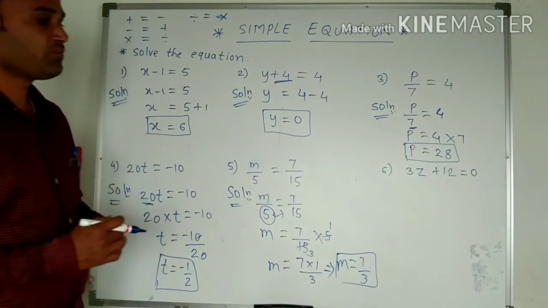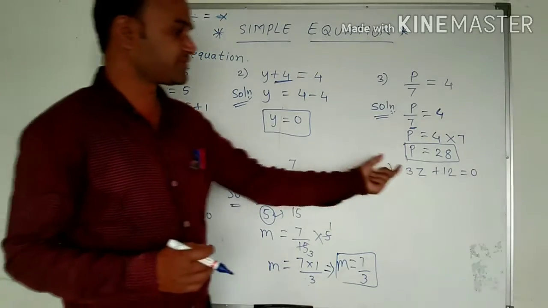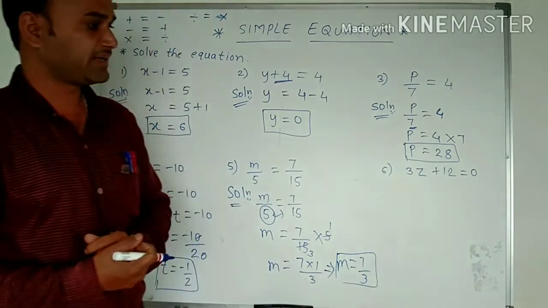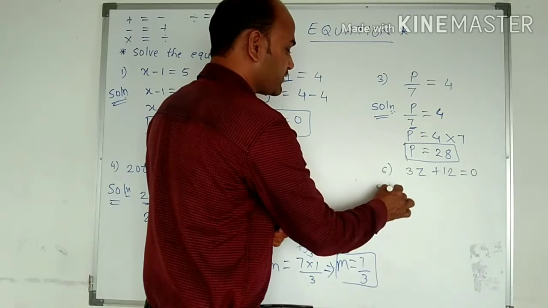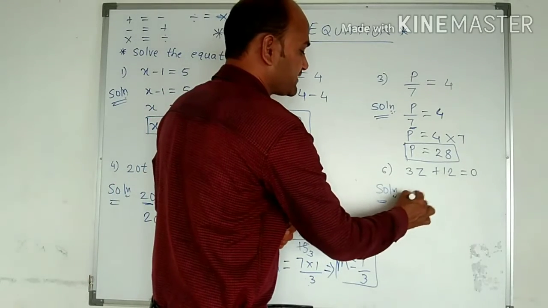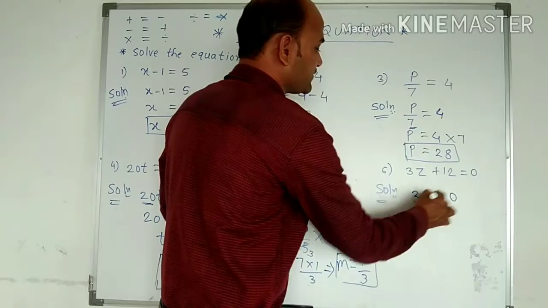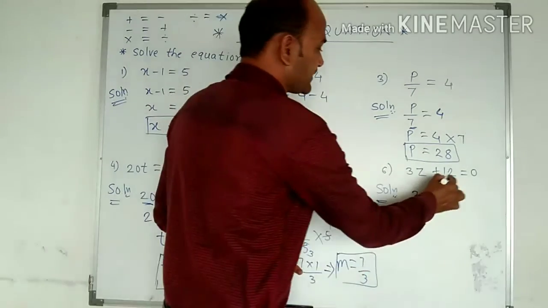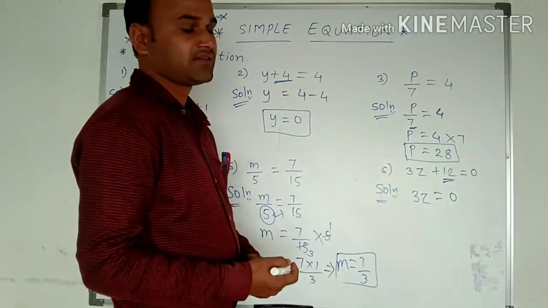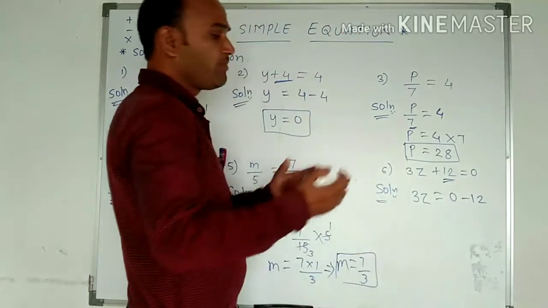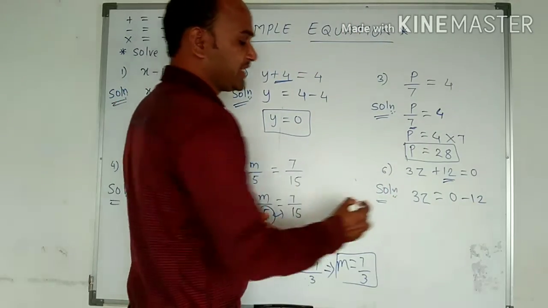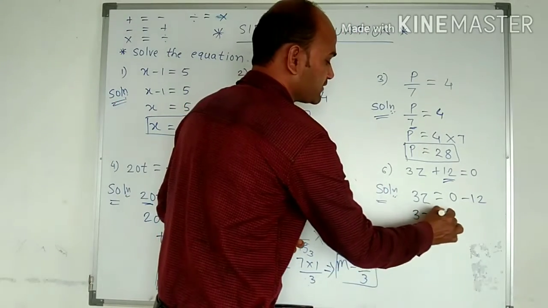When the equation is like this, if this type of question is there, then what do we have to do? Let me see here, 3z plus 12 is equal to 0. We have to transfer this 12 to that side. The plus 12 becomes minus 12. 0 minus 12 becomes minus 12, so 3z is equal to minus 12.